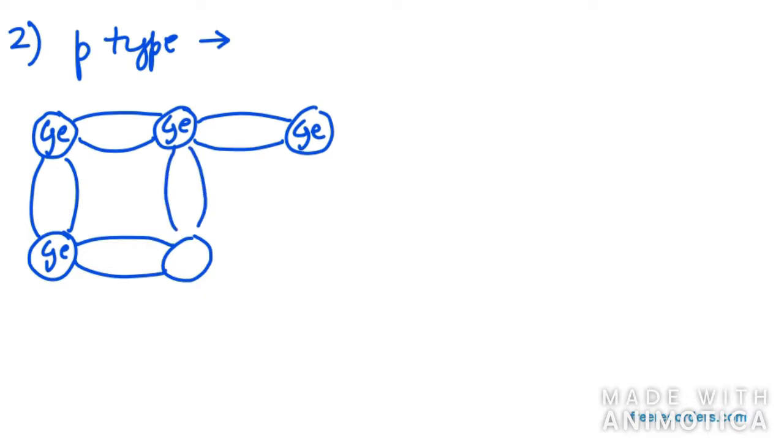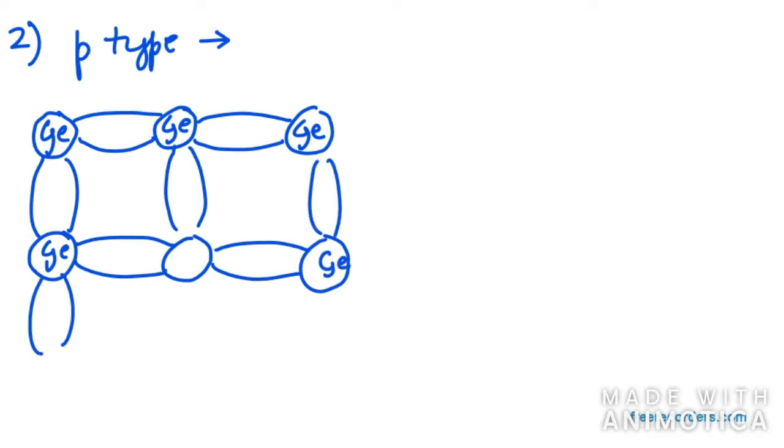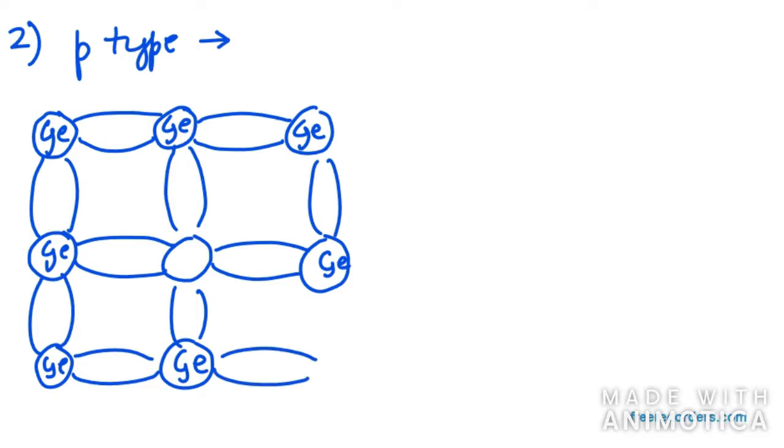Again, I would be keeping the middle one empty to show you how we need to add an impurity. Now the outermost ones are almost complete, the germanium atoms.